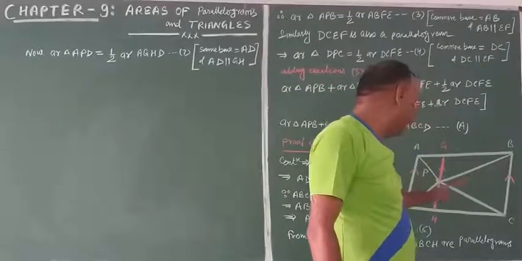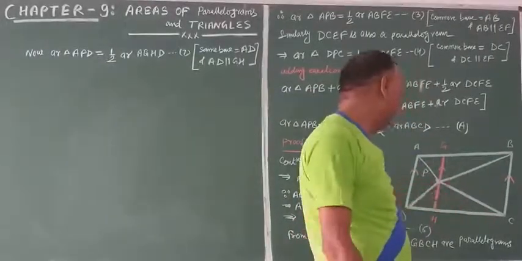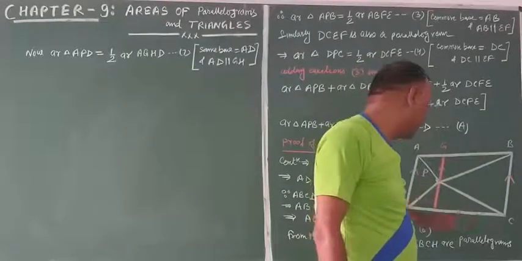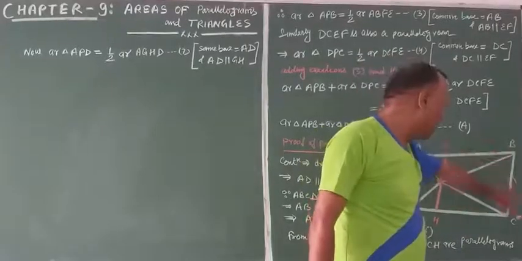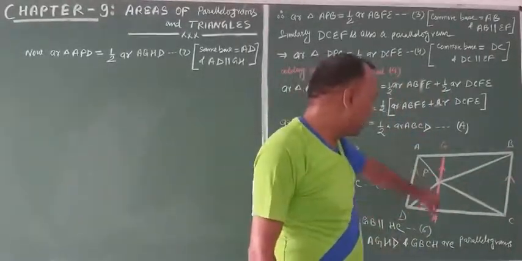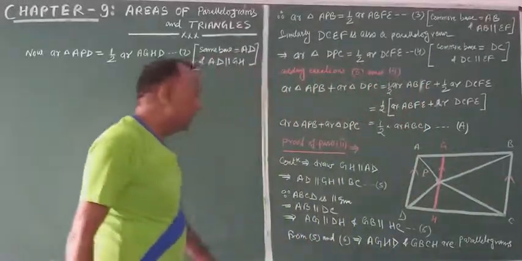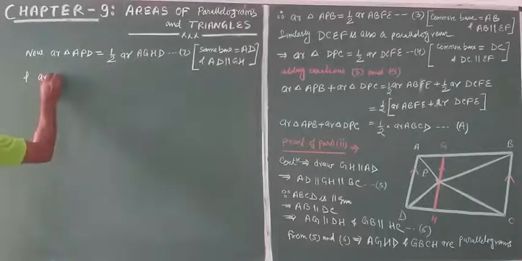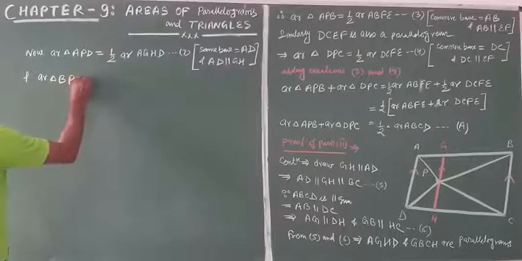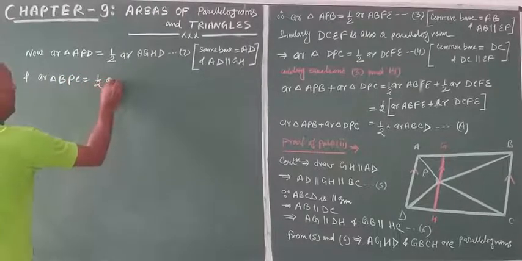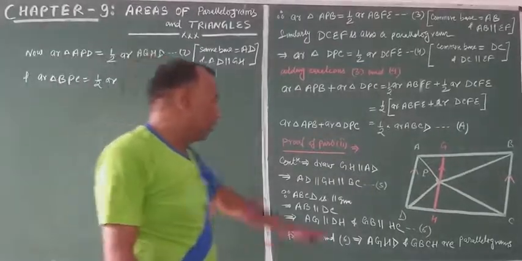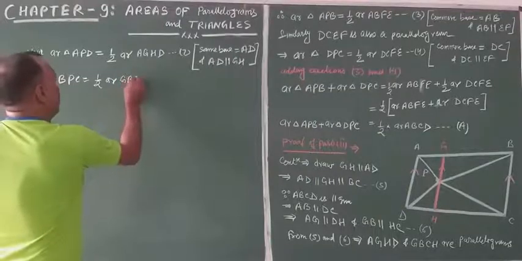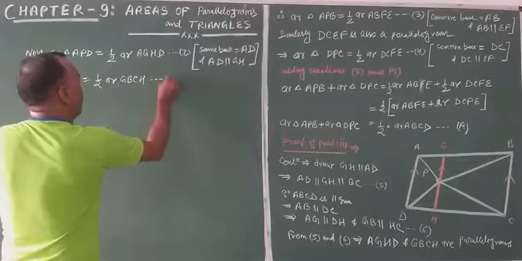Now, just look. The triangle BPC is equal to half of the area of this parallelogram GBCH, because they have the common base BC and the parallel lines GH parallel BC. Area of triangle BPC will be half of the area of GBCH, and this is equation number 8.